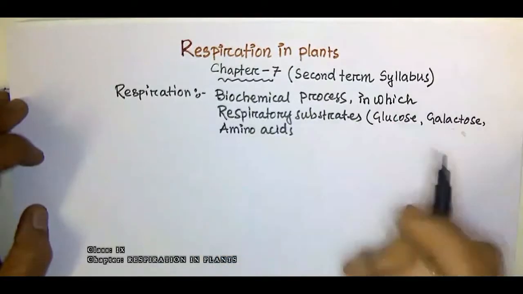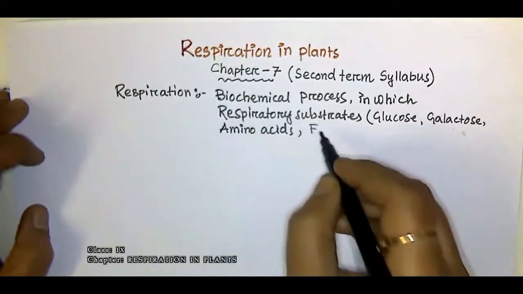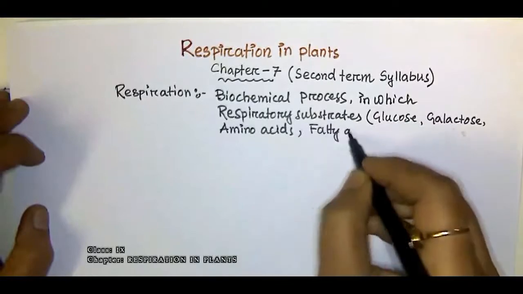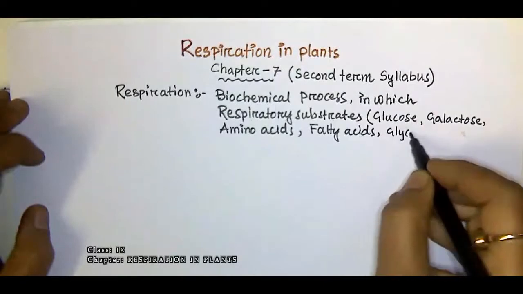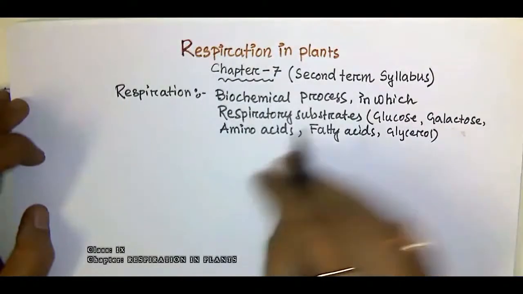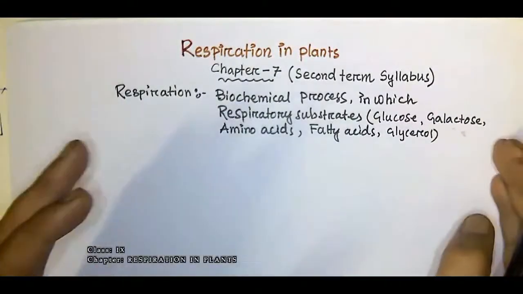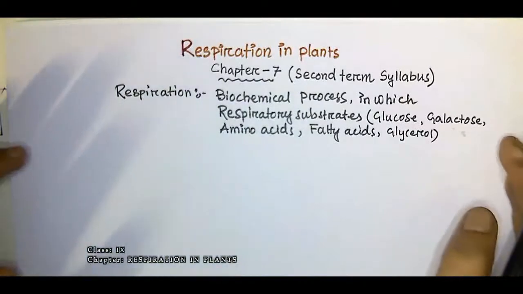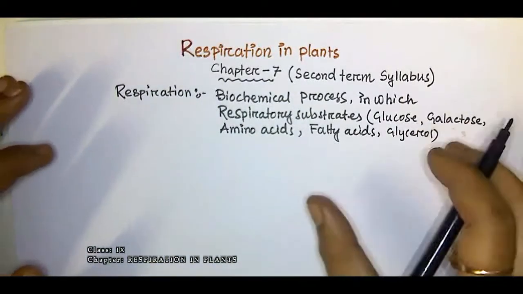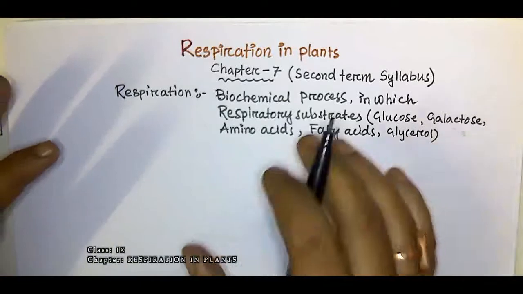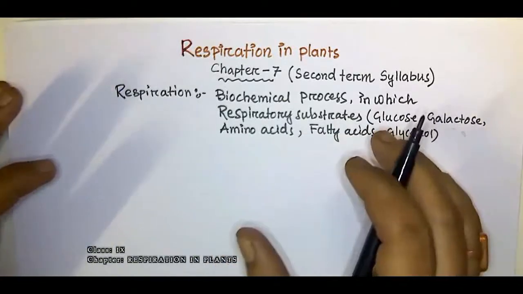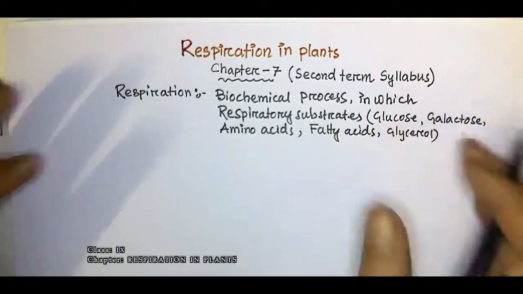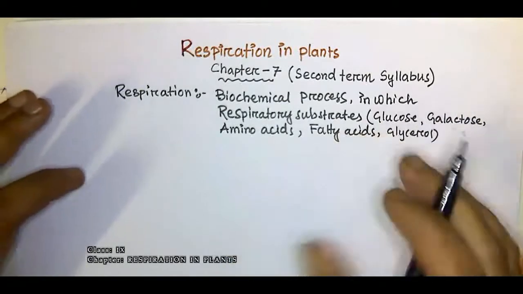Even if amino acids are not available, then fatty acids, even glycerol. So almost all organic compounds which make our biomolecules can be used as respiratory substrates. These are basically substances which are involved in this biochemical process.